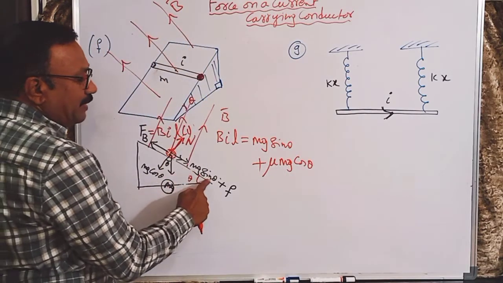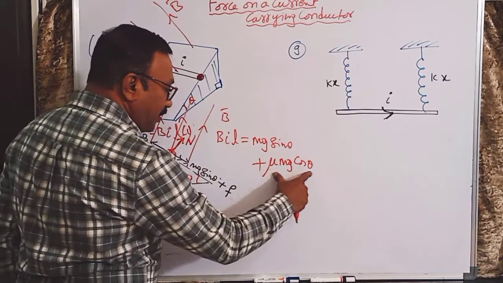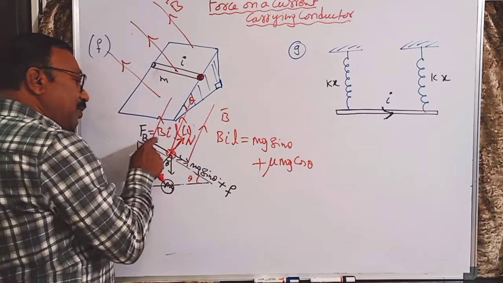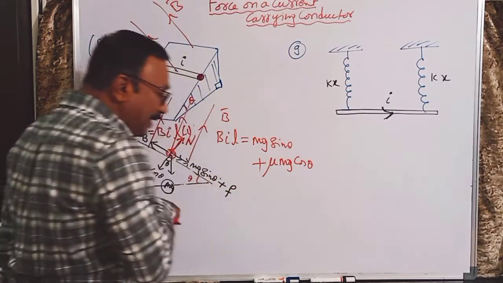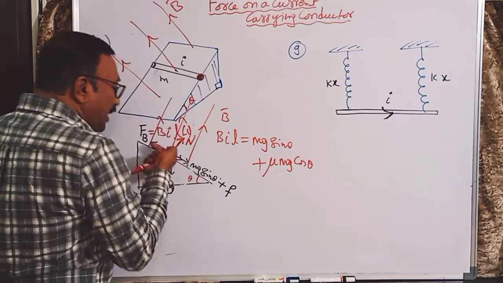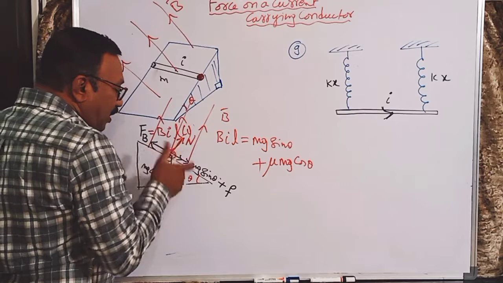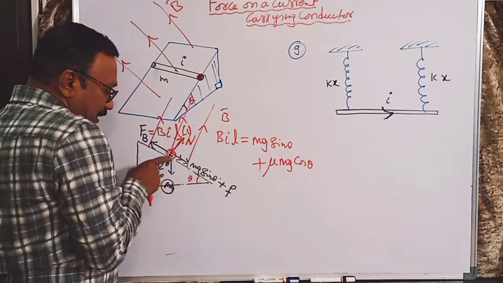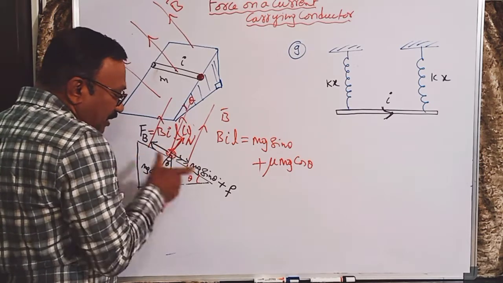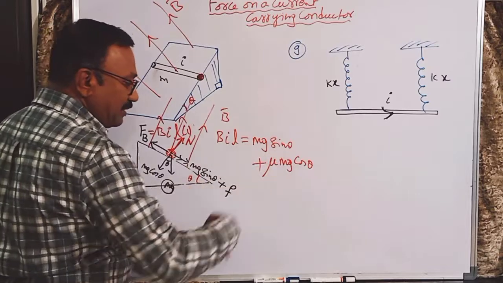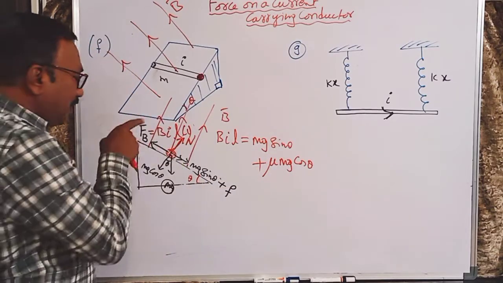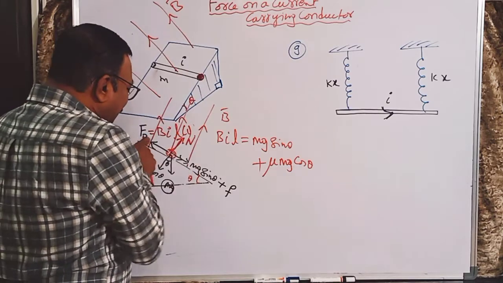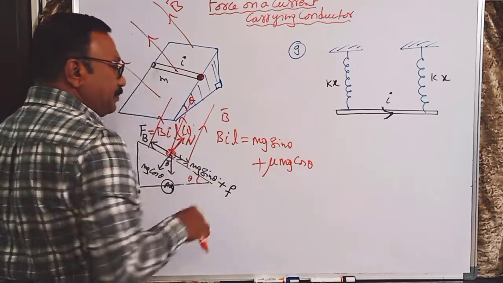So mg sin theta plus friction, these are the two forces acting down the inclined plane. This is the force acting up the inclined plane. So now the resultant force is taken as 0. That means this upward force must be equal to the sum of these two downward forces. Then it will be moving up with uniform velocity, or this FB must be slightly greater than this, slightly.